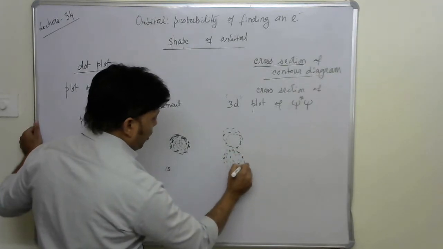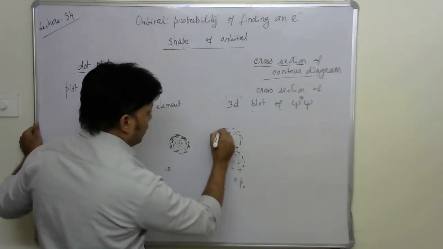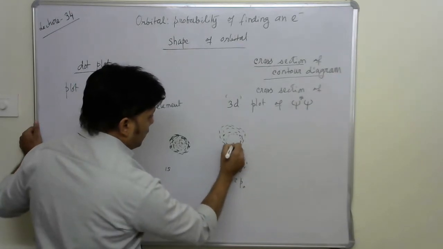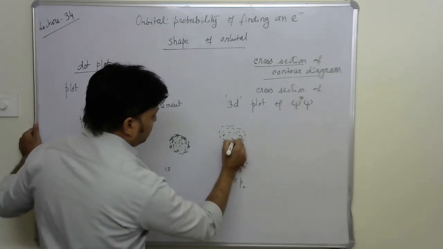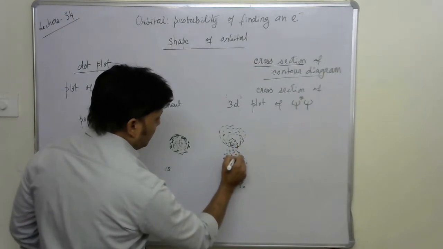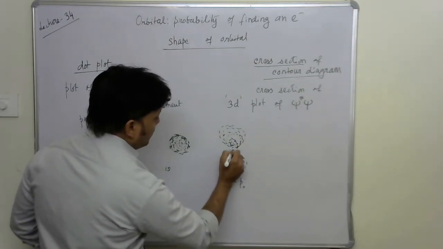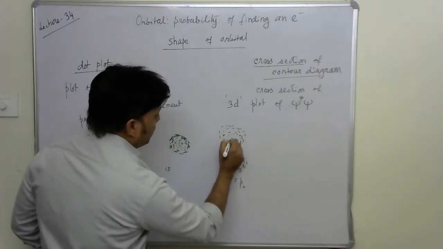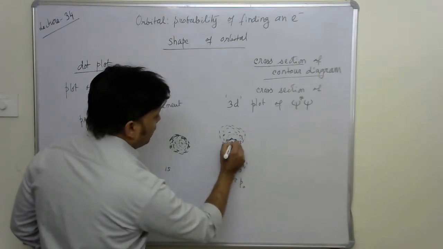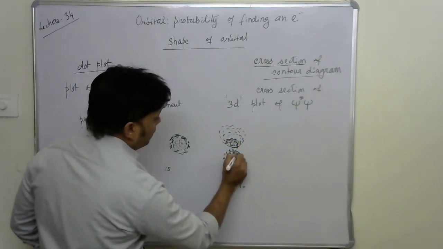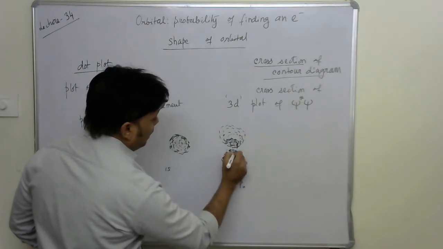This is the way of putting the dot plot, and you see the maximum density is located somewhere here for a 2p orbital, and for the 3p orbital this is going to change.